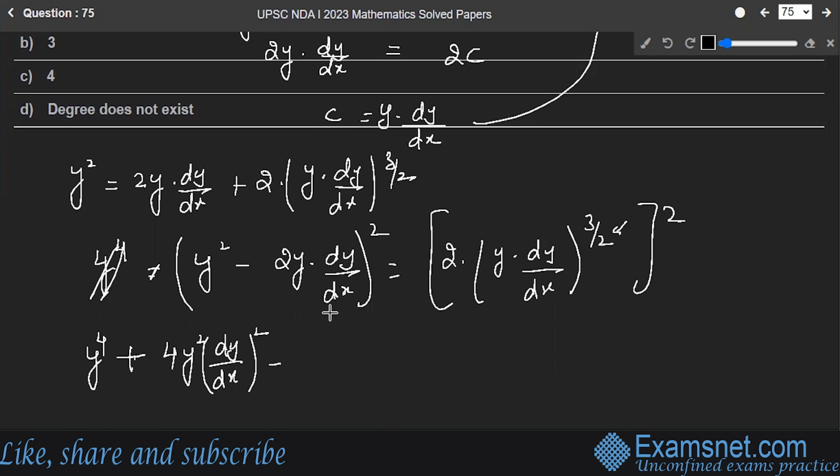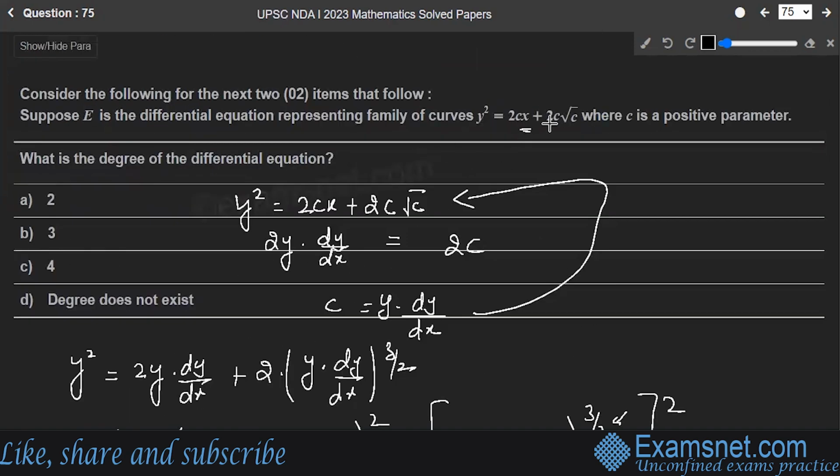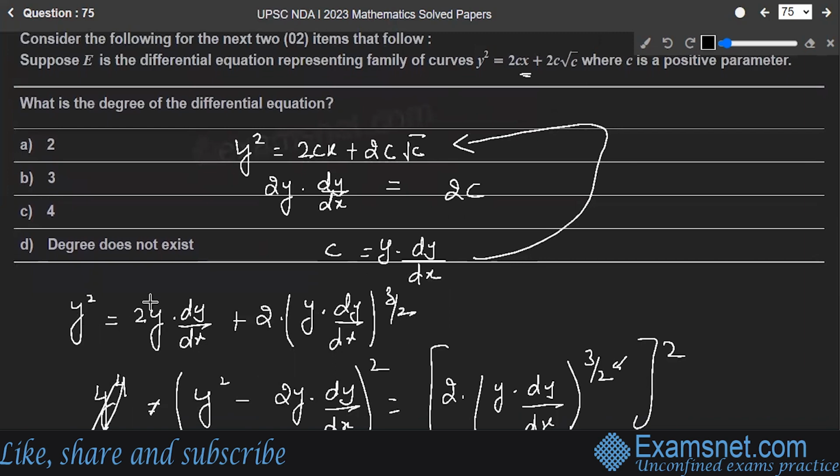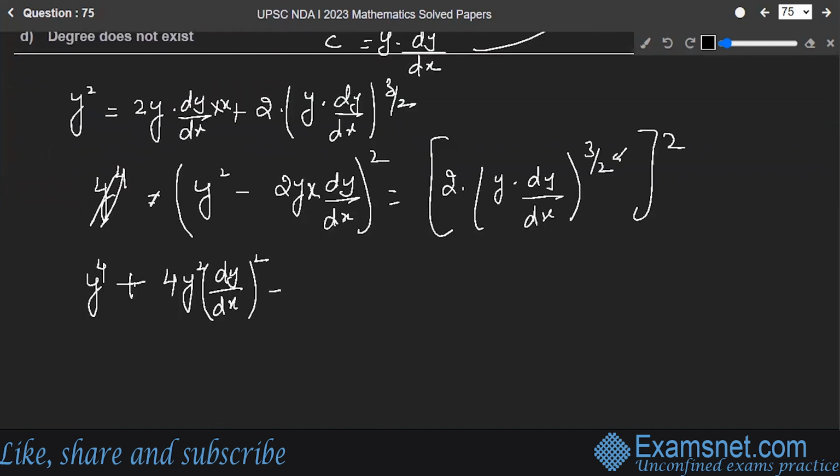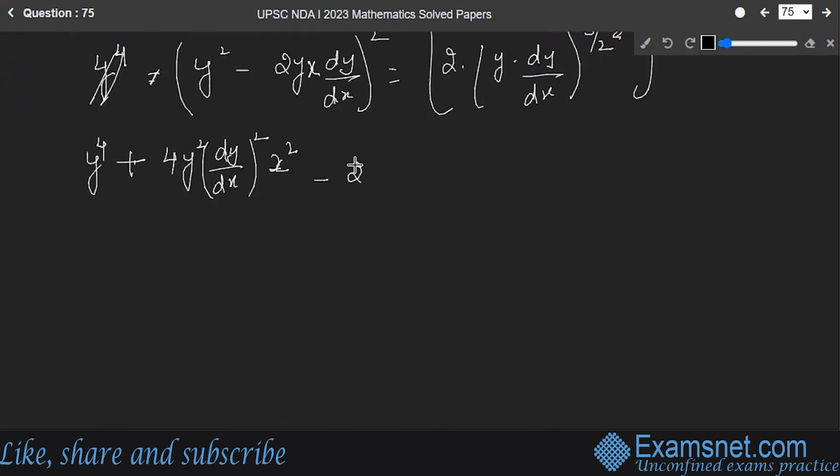Yeah, wait, here x was also present, right? I missed this x into x, and here will be x square as well. Okay, so minus 2y square into dy by dx, four y cube x dy by dx.